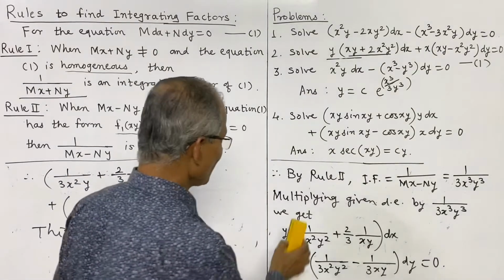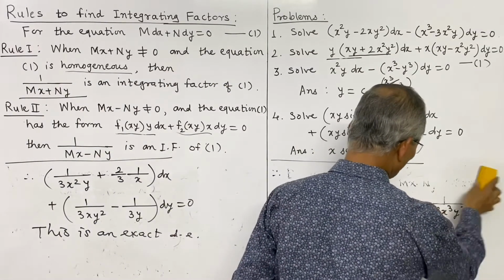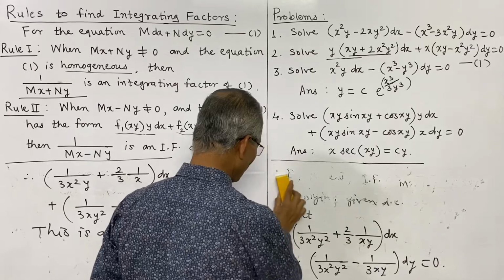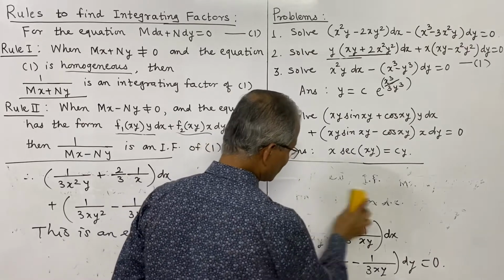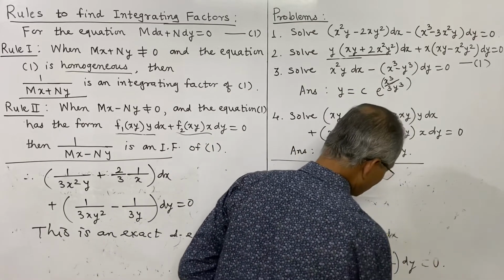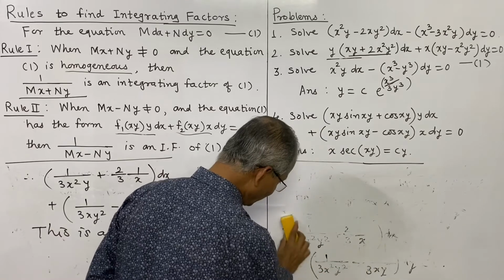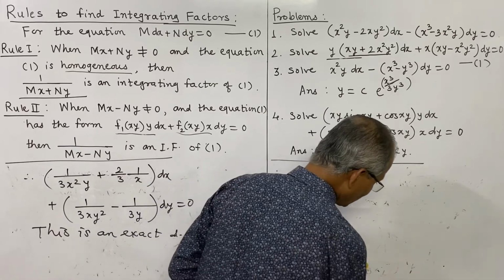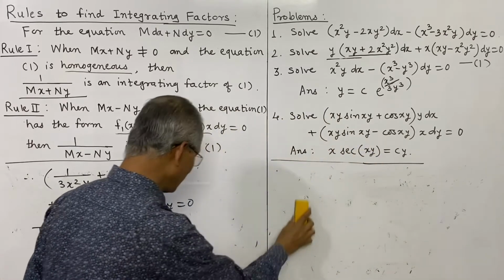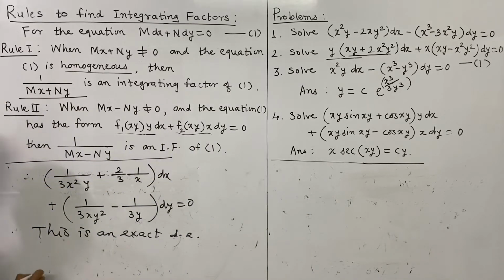And now by the rule we should solve it, therefore its solution is this. We have solved exact differential equations in our earlier lecture, and the same rule I am using here.